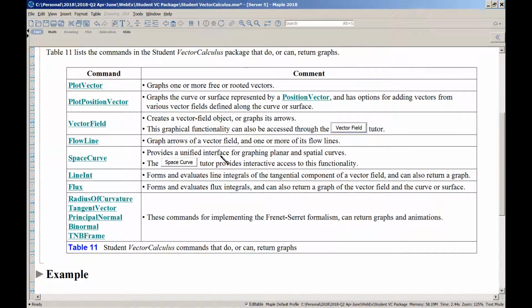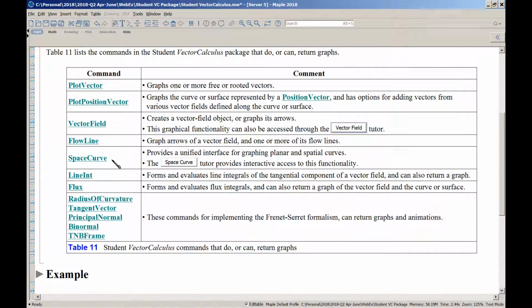If you have a space curve, you have to go to the plots package and make use of the spacecurve command with lowercase letters in the plots package. So this dichotomy has been resolved in this SpaceCurve command here in the package. It will draw a curve in the plane or in space with the same syntax, the same command name. So a great simplification.